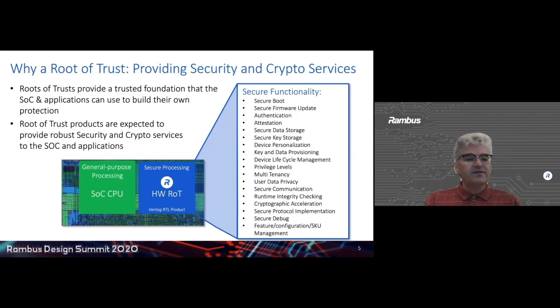Simple application use cases like secure data storage and secure key storage can be handled by that root of trust. Depending on your system, you could have on-chip non-volatile memory that is shared, and assets could be written, stored, and maintained in there in an encrypted way under a device unique key.